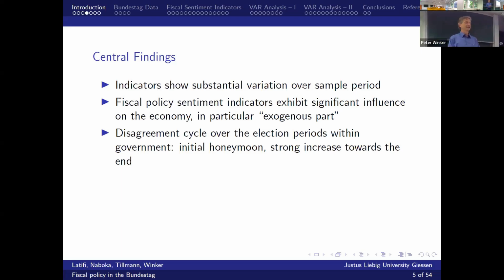Disagreement has a cycle over the election periods. At the beginning of a new government, everybody is happy, it's a honeymoon. We just see it these days in the news. And then over the period, it deteriorates, and at the end, they prepare for the next election, and then the disagreement increases.